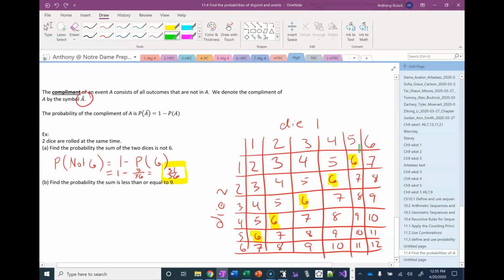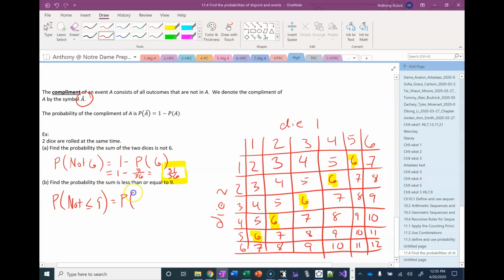The next one is find the probability the sum is less than or equal to 9. So that would be a sum of 2, 3, 4, 5, 6, 7, 8, or 9. That's a lot of things to count. The alternative is to do a complement. So we want not less than or equal to 9.